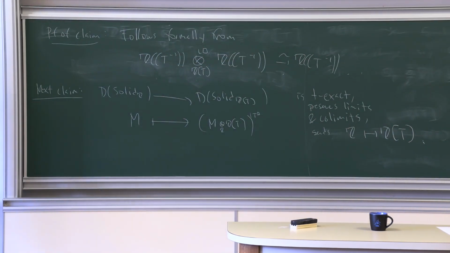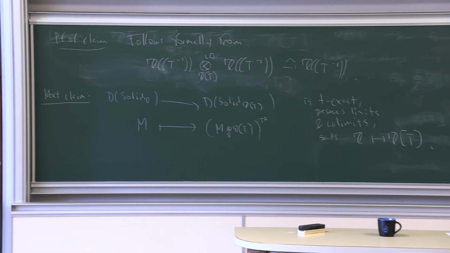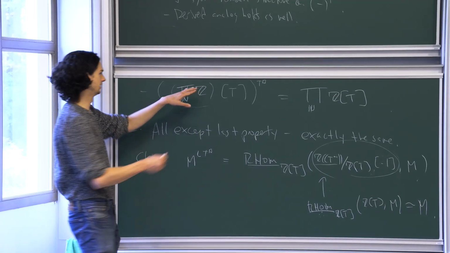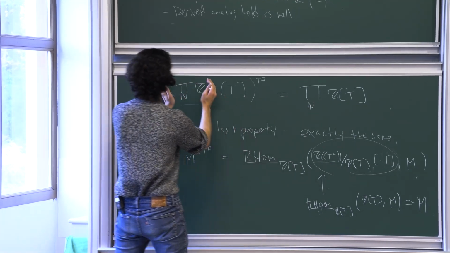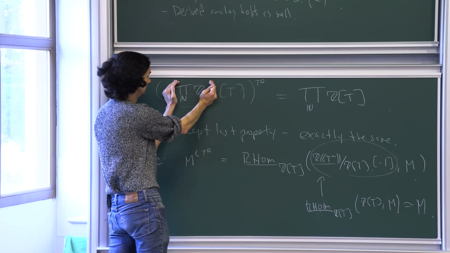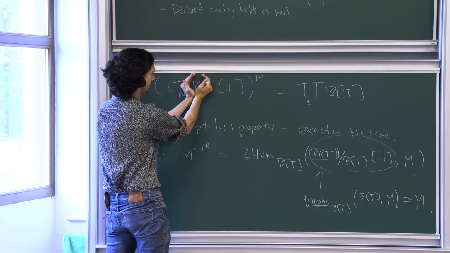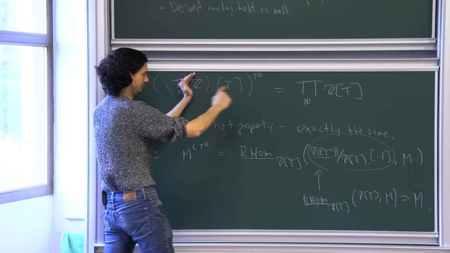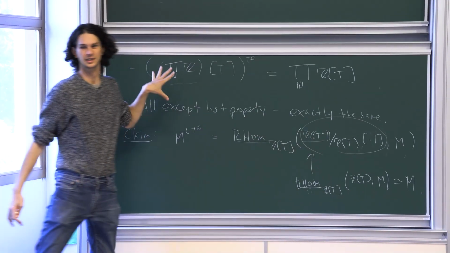So if we prove this, then we in particular get this claim, because this is that functor applied to a product of copies of Z. I claim the functor commutes with products, so it's enough to understand what happens with Z, but I already also claimed that Z goes to ZT, so we'd be done.